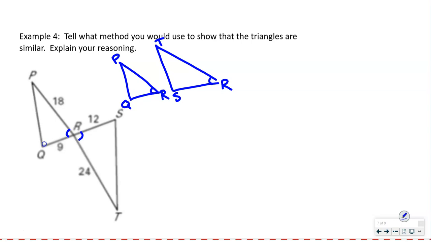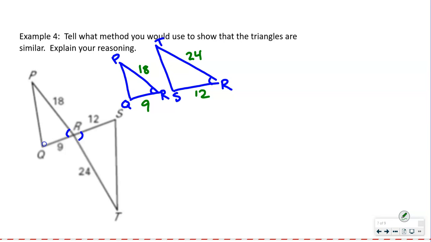QR we know is 9. PR is 18. RS is 12. And TR is 24.